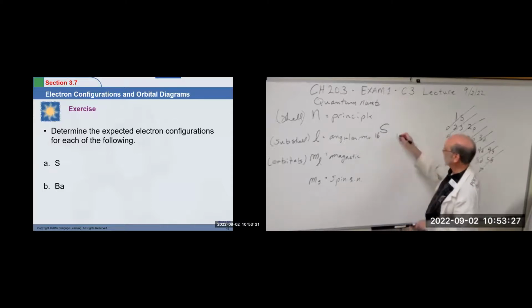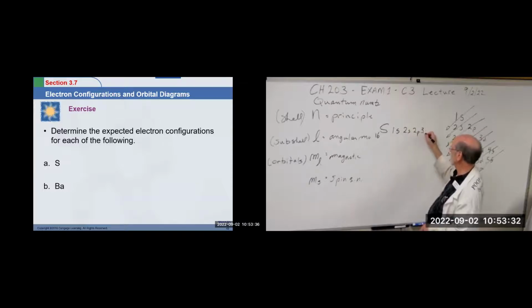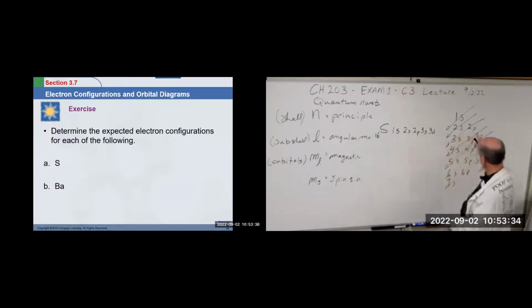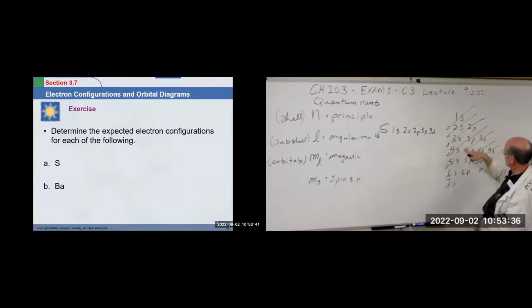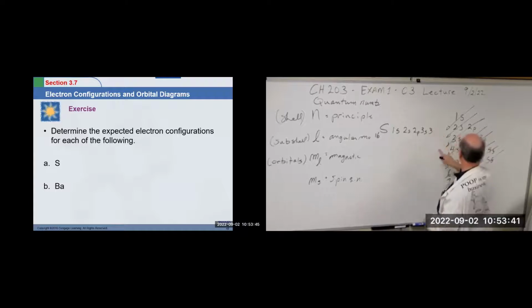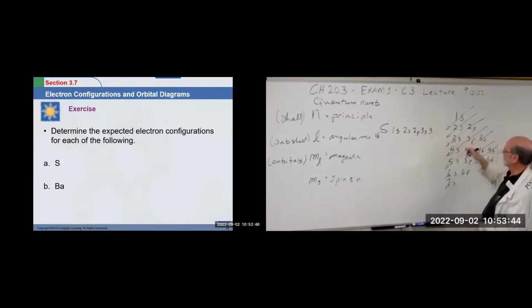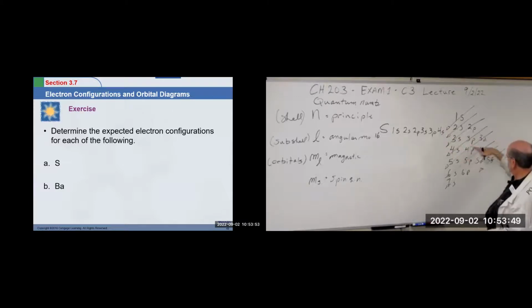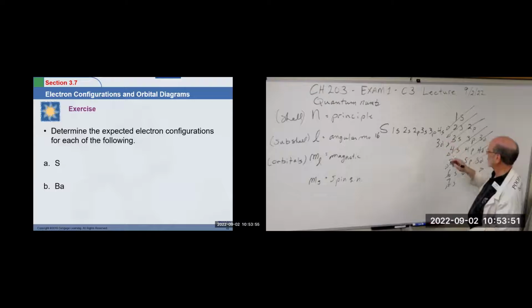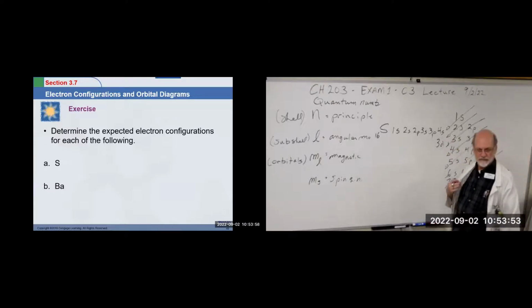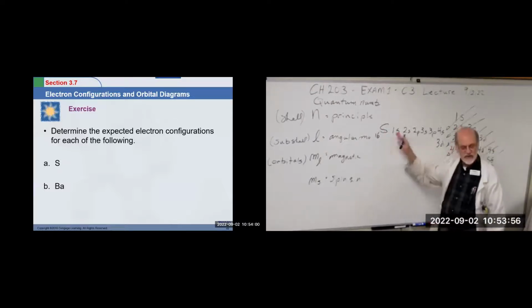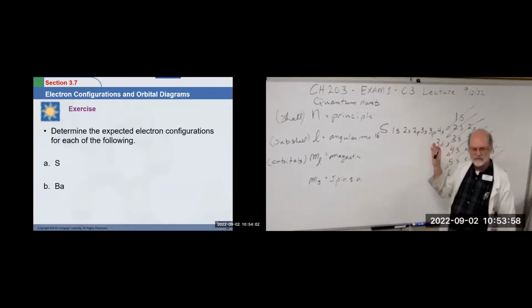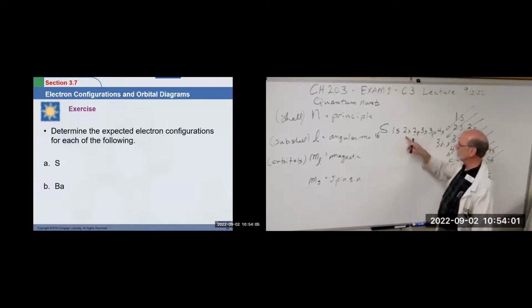Okay, so we go 1s, 2s, 2p, 3s, 3p, excuse me, 4s, and 3d. If we need them, maybe we don't. Okay, so we're building low energy to high energy, Hund's rule. No, Aufbau principle, excuse me.